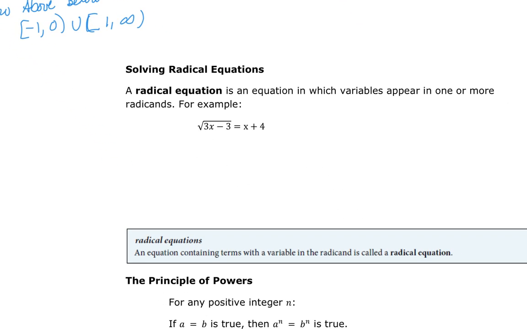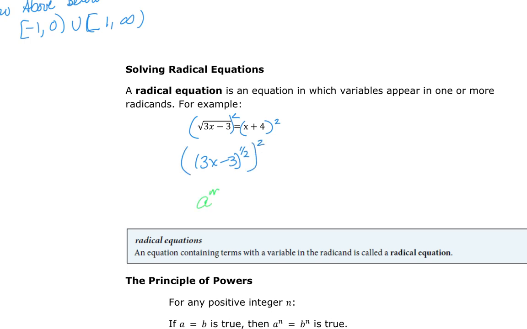If I were asked to solve a radical equation, what I need to do is get rid of the square root. So to undo the square root, I'm going to need to square both sides. So I'm going to square this side, I'm going to square this side. On the left-hand side, if I have the square root of 3x minus 3 squared, since this is 3x minus 3 raised to the 1/2, raised to the 2, we can see the power to power rule.